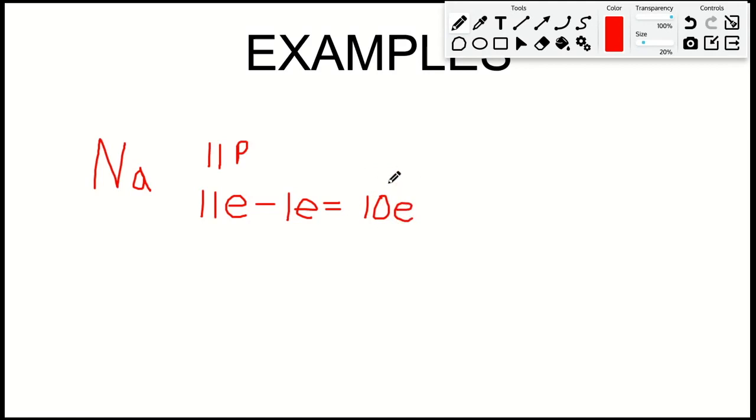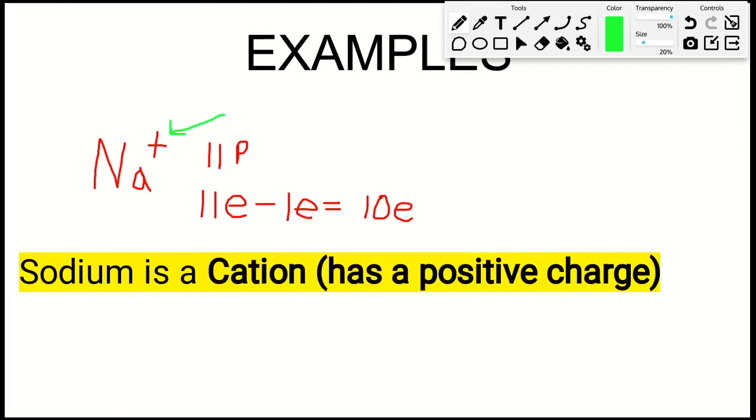So having lost an electron, it now has 1 more positive charge than it does negative charges, and that results in a net charge of 1 plus. Now, we're not going to write a 1, we're just going to write a plus sign. When we're writing charges, we put them right here in the top right corner. So Na plus shows us that we have a sodium ion.